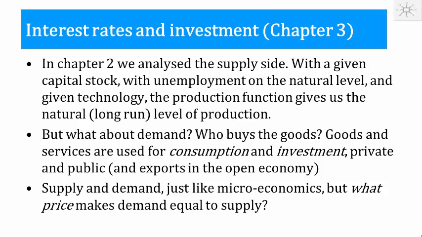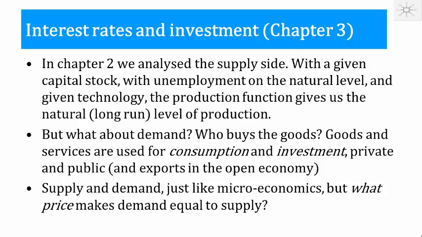But what about demand? What do we do with the goods and services that we produce? Well, they are used for consumption and investment. This consumption and investment can be private consumption and investment by firms. It can also be public investment and consumption. That is, the government carries out consumption and investment.